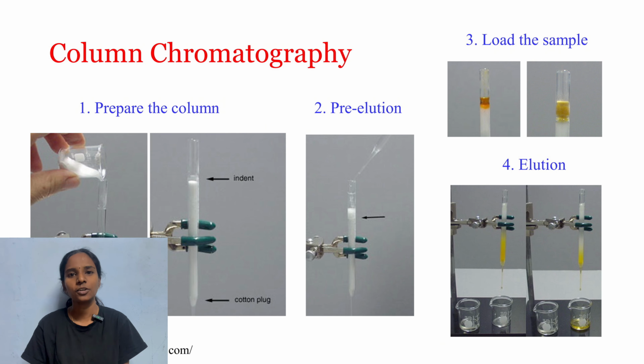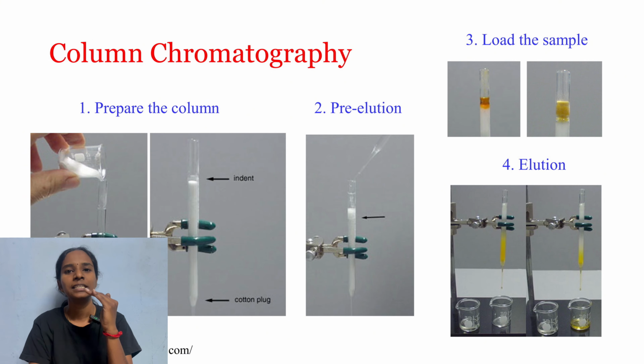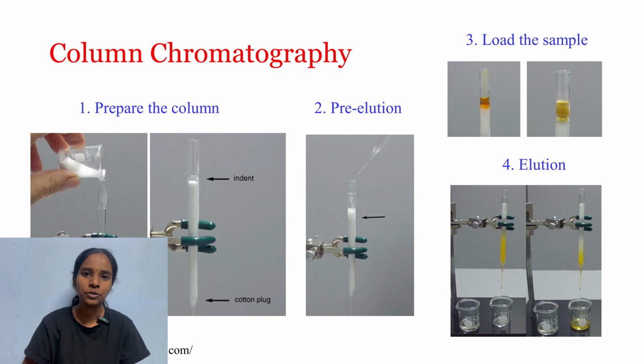Once the packing is done, the chromatography process takes place. Solvent is added onto the sample, and as the solvent flows through, the sample gets separated into the different compounds. All these compounds will be eluted through the bottom opening, and as the components are eluted, we can collect different fractions based upon the duration.